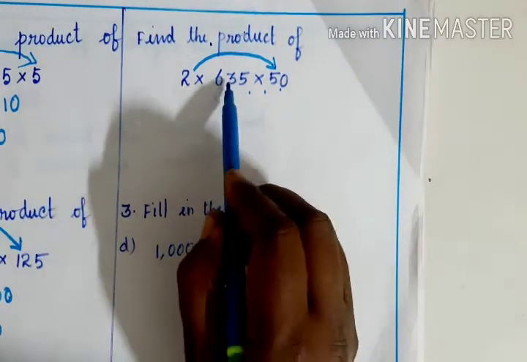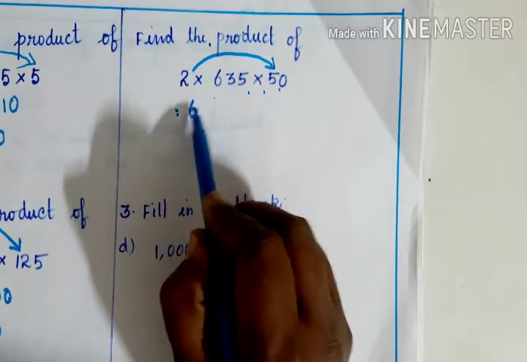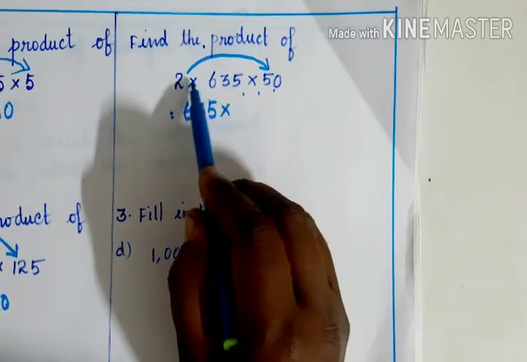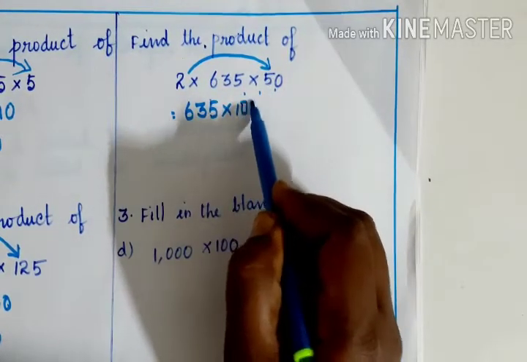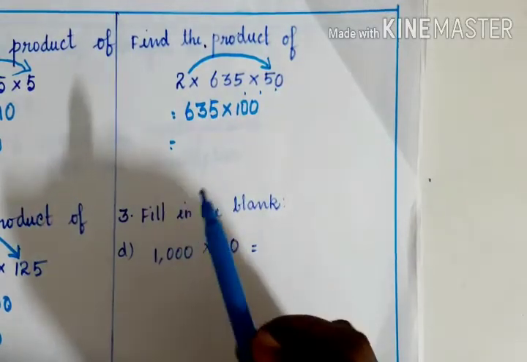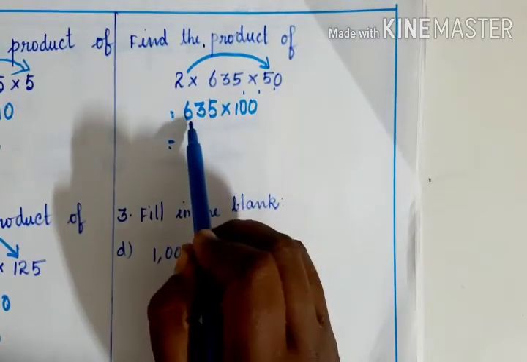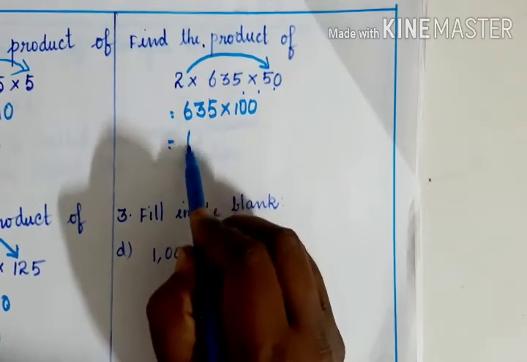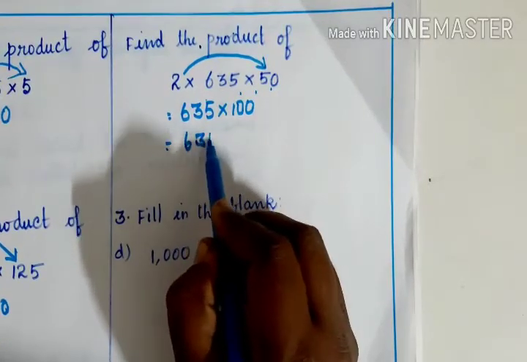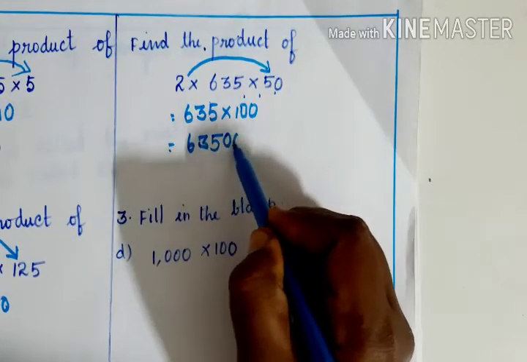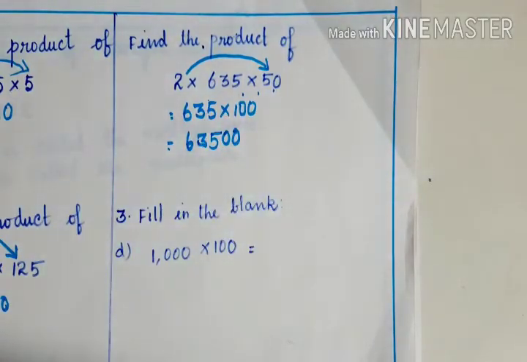So first you take and write the bigger number, 635 into 100. Very good. Next, ignore the zeros and multiply this with 1. So 635 into 1 is 635, and you have to add the 2 zeros here. Is it clear?